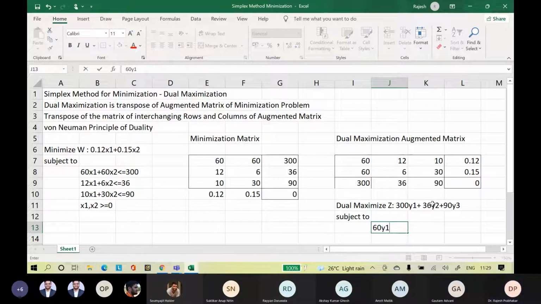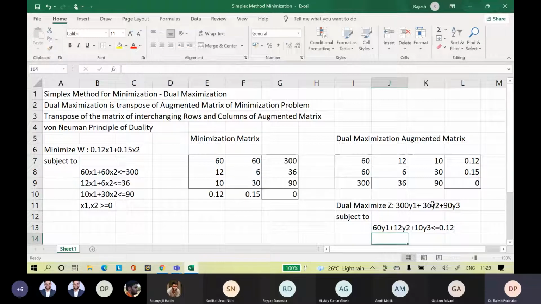60y1 plus 12y2 plus 10y3 less than equal to 0.12.